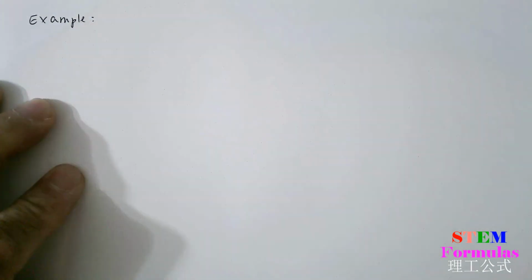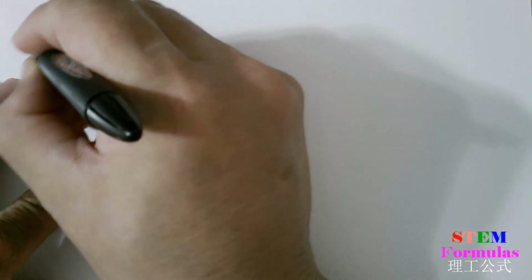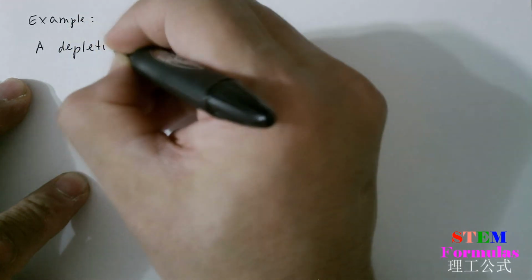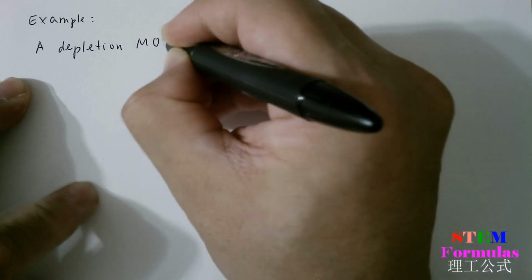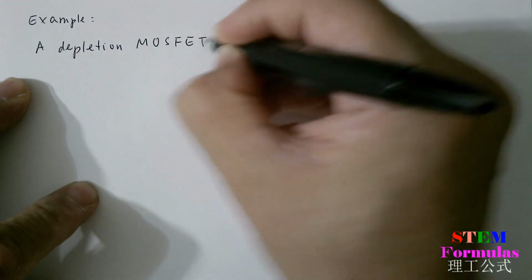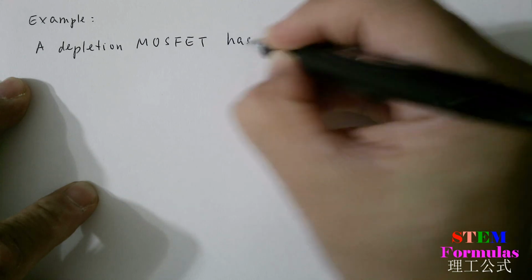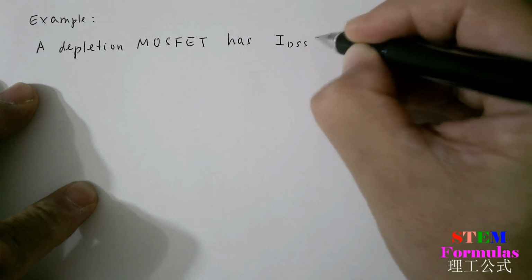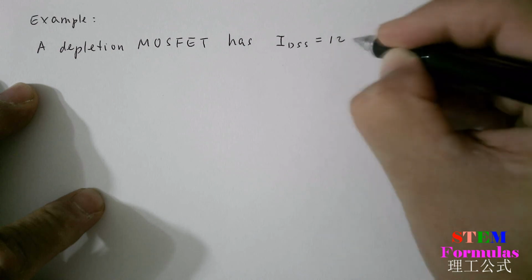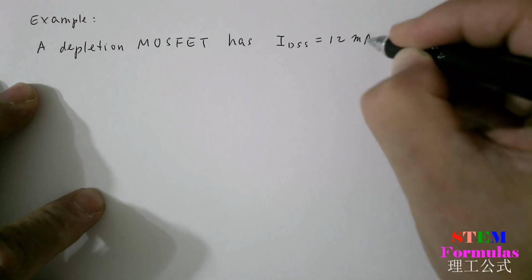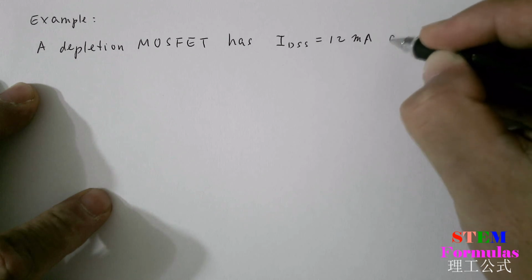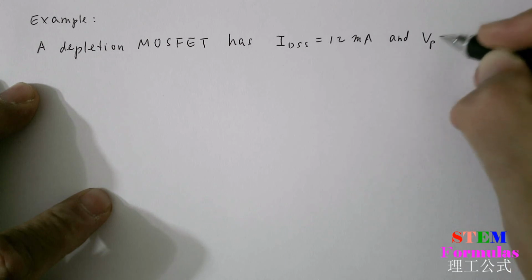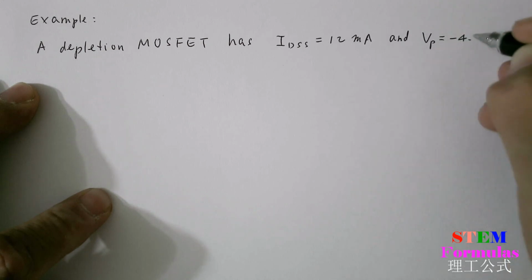Depletion MOSFET has IDSS equal 12 milliamp, and VP equal minus 4.5 volts.